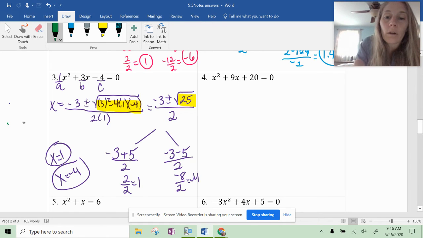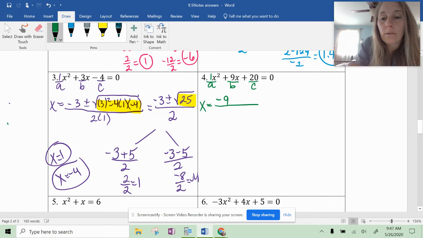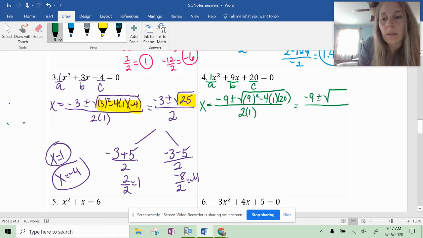All right. Okay, let's take a look at number 4. So for number 4, my A is 1, my B is 9, and my C is 20. So negative B plus or minus the square root of B squared minus 4 times A times C, and that's going to go over 2 times A. So I have negative 9 plus or minus, and then on the bottom 2.